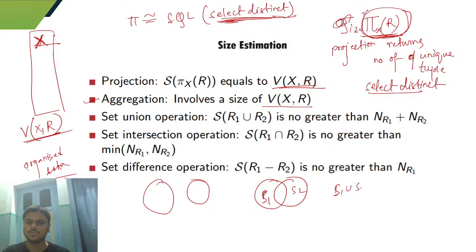S1 union S2 will be this part, this part and this part, and from that you subtract the common part. It is nothing but n of S1 plus n of S2 minus n of S1 intersection S2.